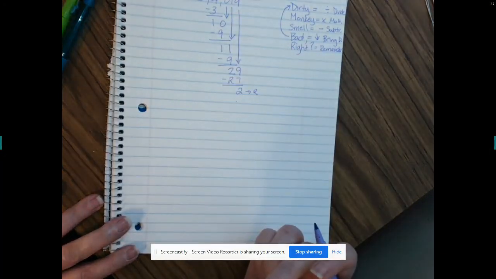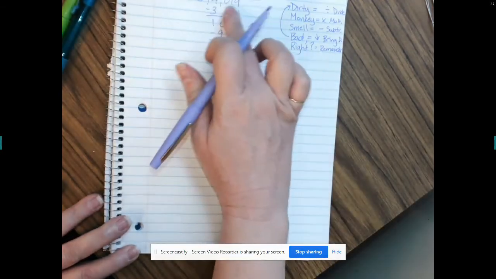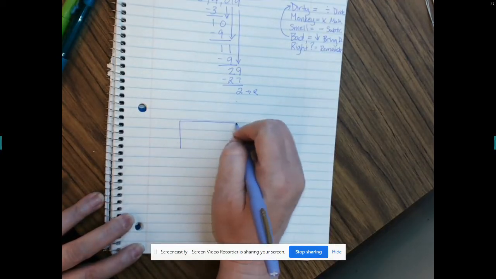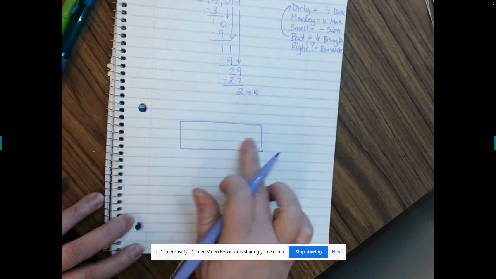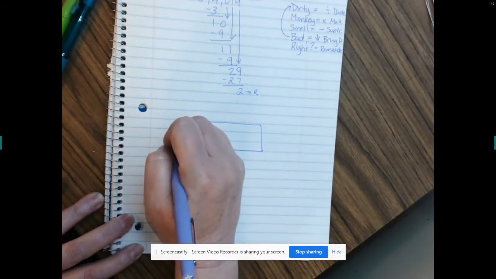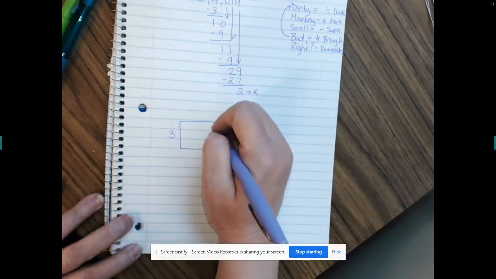But one of the first things that we did was we used an area model. So if I have 4,019 divided by 3, I'm going to take it and split it up into pieces. So here I have 3 is my divisor, so it's still going to go here.